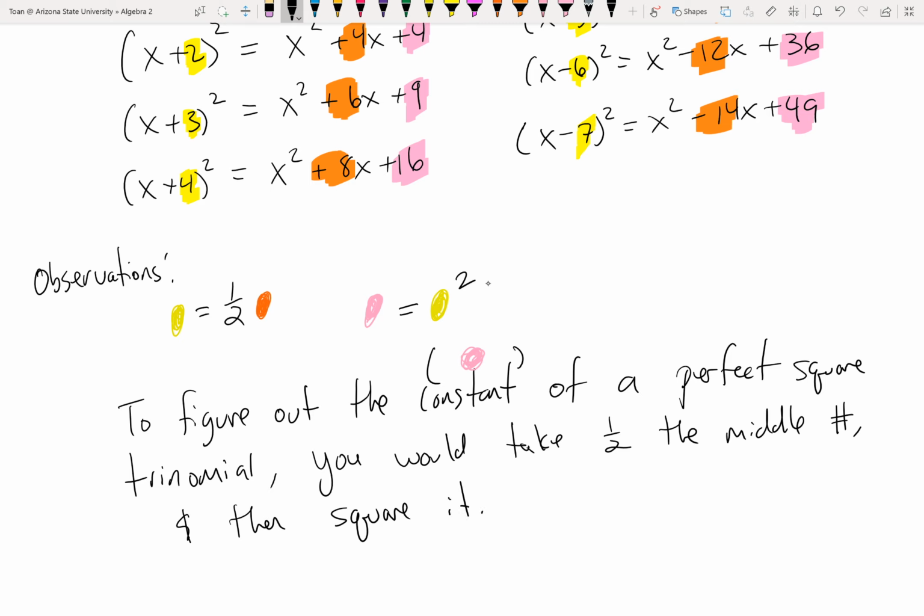Right? And we should see that relationship in our two observations. What would happen if I were to take this yellow here and put it inside of that yellow? What that tells us is these two together tell us that the pink is equal to 1/2 of the orange, squared. So now we have a relationship between the numbers in the standard form together.